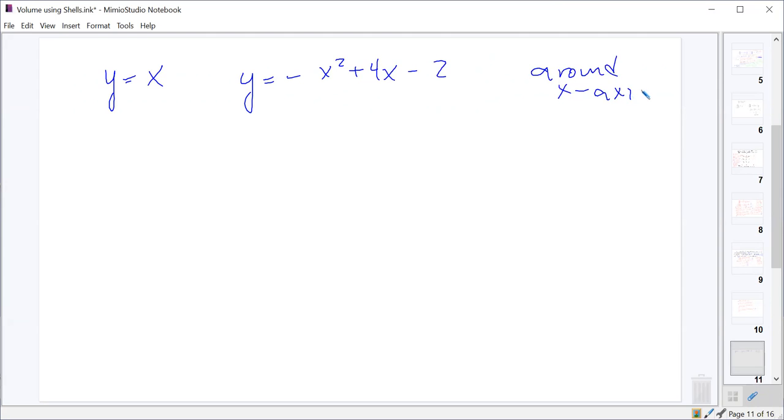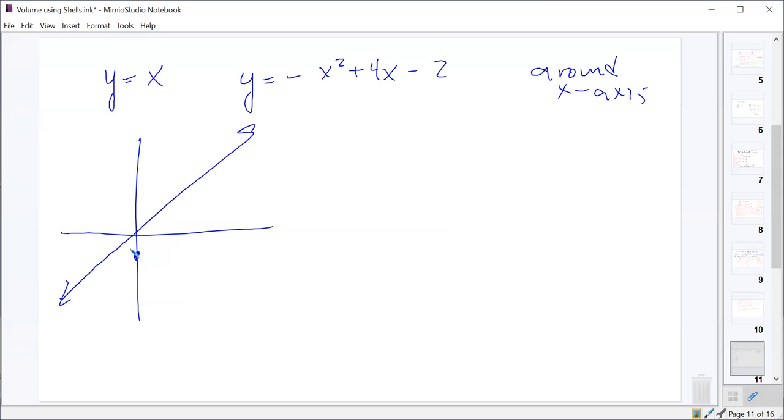So first thing that we should do is we should sketch the region. Y equals x is pretty straightforward, right? And then y equals negative x squared plus 4x minus 2. Well, that's a downward facing parabola. That has a y-intercept of negative 2.